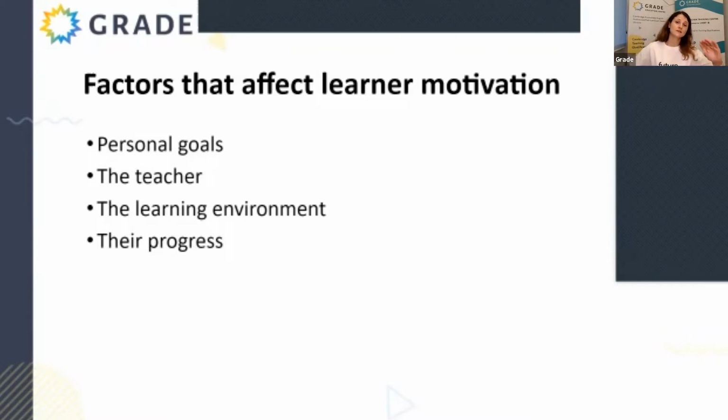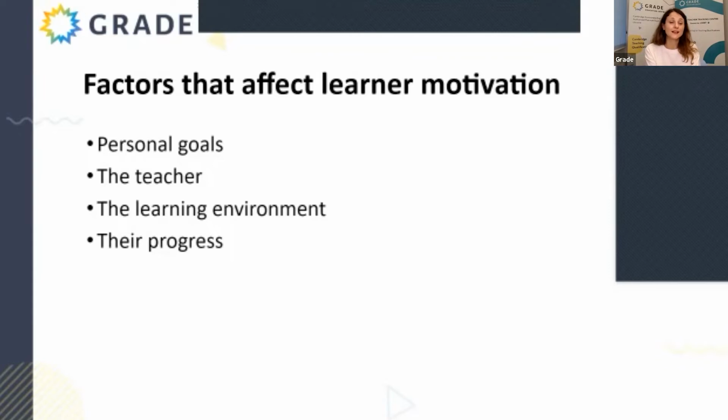So let's say, for example, the learner understands their goal, why they are here. They like the teacher, but the learning environment is not favorable. For example, they don't like the group, they don't get along with people. There are people who they are irritated with or annoyed. That could become a demotivating factor.